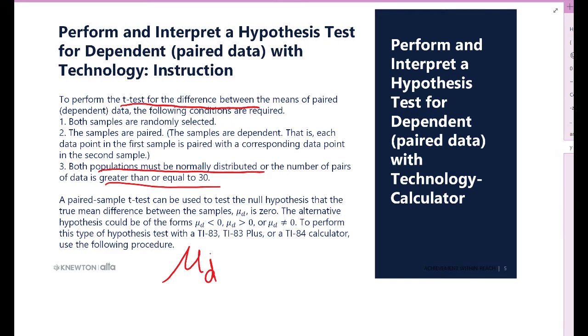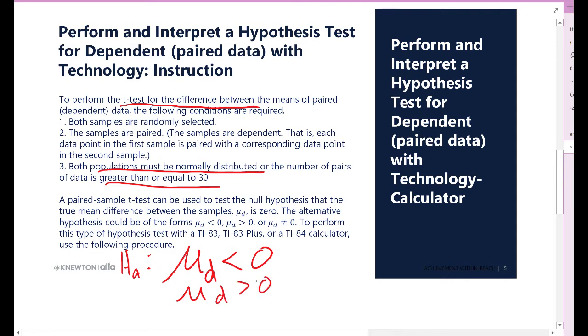Our alternative hypothesis will be either the differences will be something negative, which indicates mu d is less than 0, or the differences will be greater than 0, meaning the difference is positive, or we could test whether the difference is not equal to 0, or different from 0. The way that the differences are defined depends on your problem.